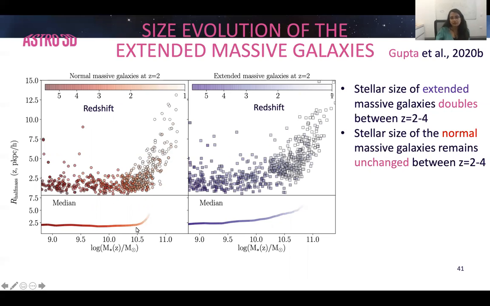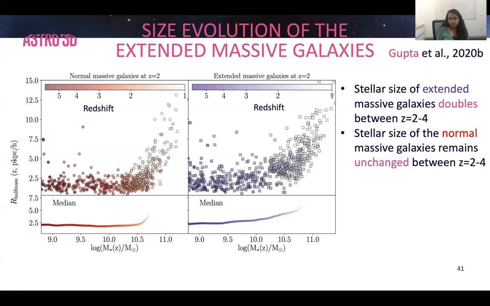There is absolutely no difference in the stellar sizes of these normal size massive galaxies going from redshift 4 to 2. They do experience an increase in their stellar sizes below redshift of 2, and that could be driven by these normal size massive galaxies experiencing some dry mergers that fluff them up.